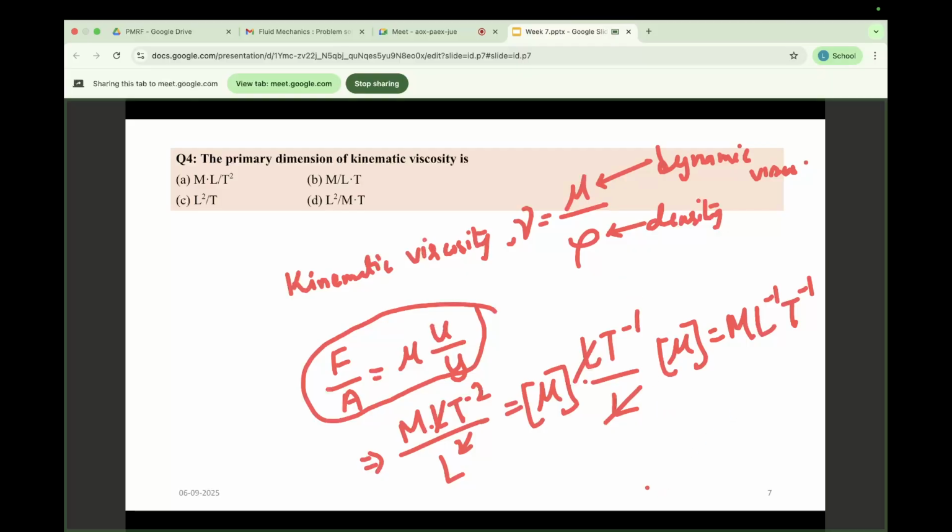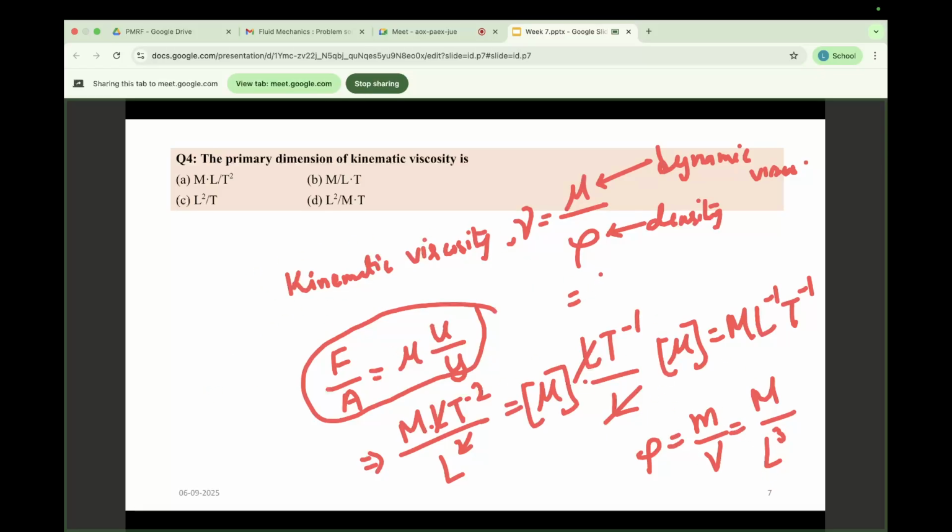And density, what is density? We know density is mass by volume. Mass means M, volume means unit is cube. So M L cube, M into L to the power minus 3.